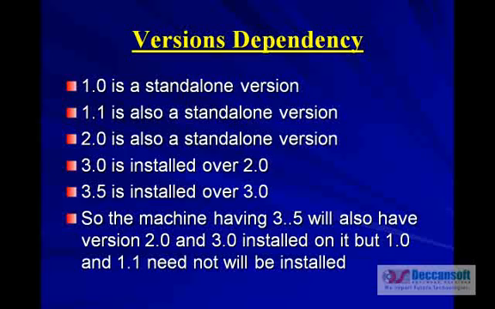2.0. But then 2.0 has a special feature of being a base version, over and above which 3.0 is installed, and over and above which 3.5 will be installed. What does it mean? If you are working with .NET Framework 3.5, it is not necessary that the machine must have .NET Framework 1.0 or 1.1. But that machine will also have the 3.0 framework version and the 2.0 framework version.